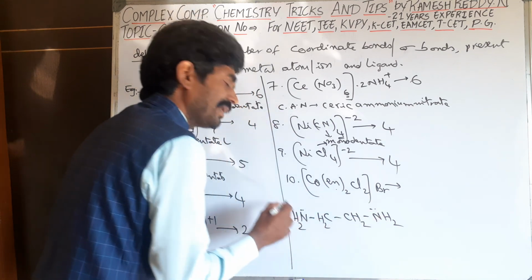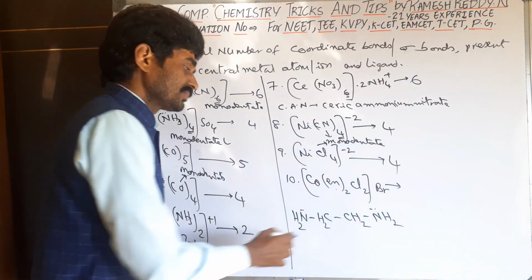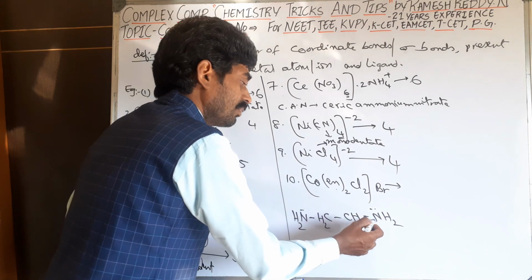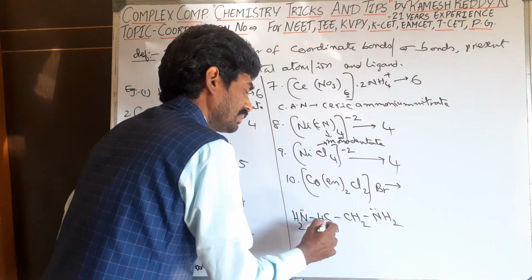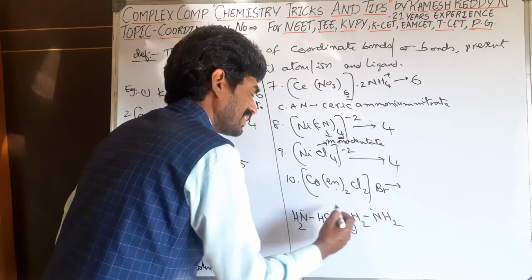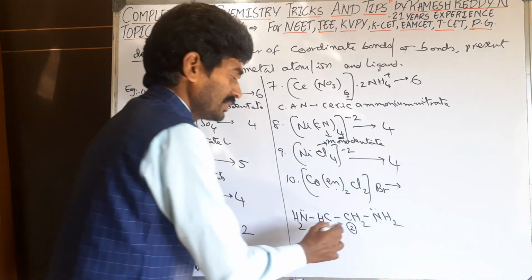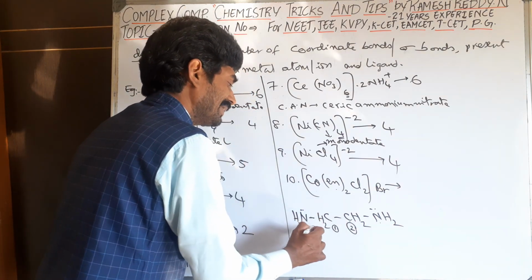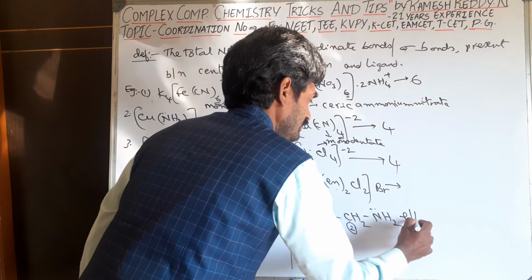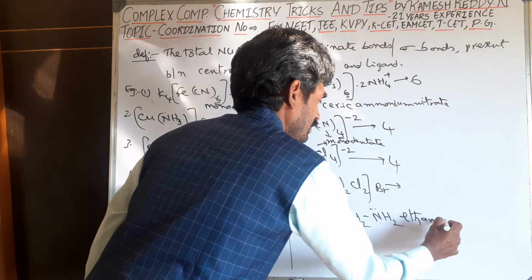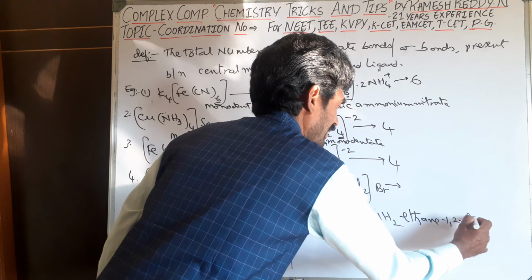So each nitrogen has one lone pair of electrons. It is ethane 1, 2, to the first carbon one NH2 group, to the second carbon one NH2 group is bonded. So that's why it is ethane 1, 2 diamine.